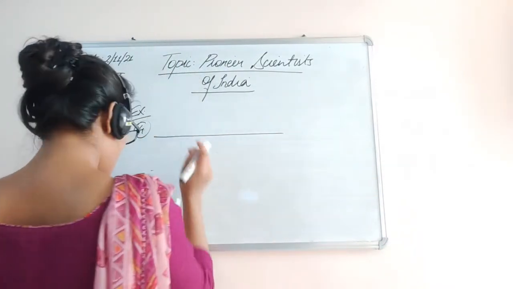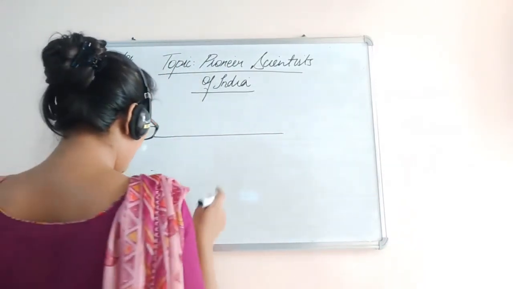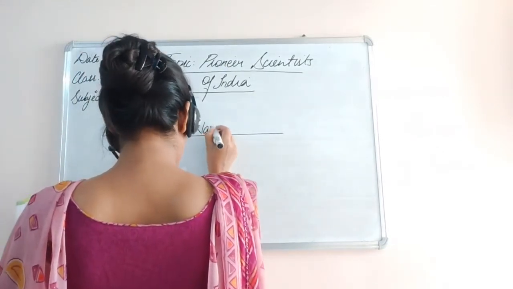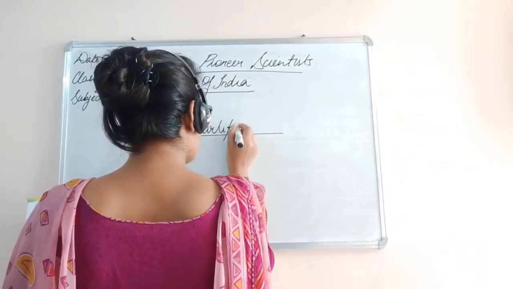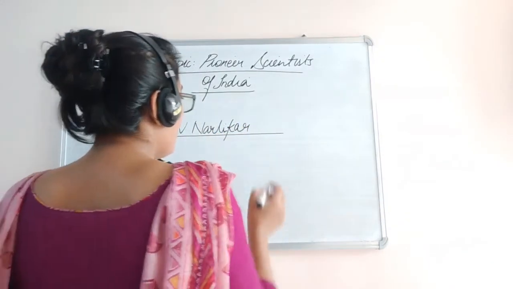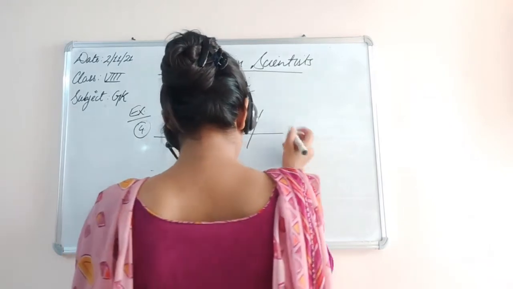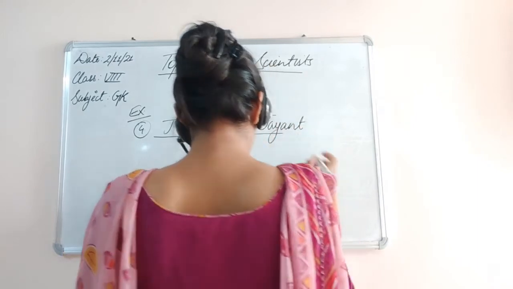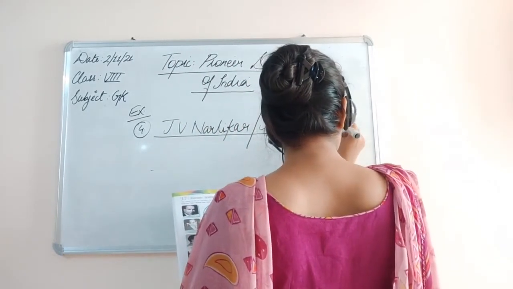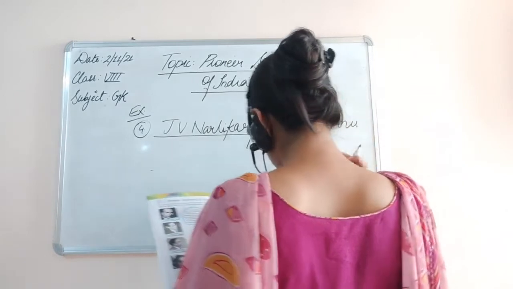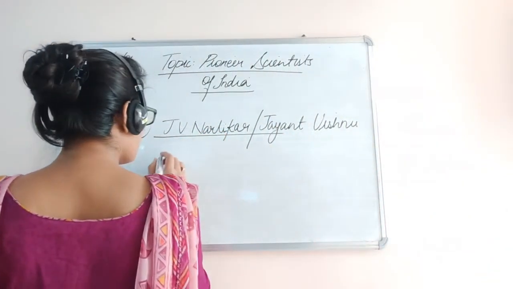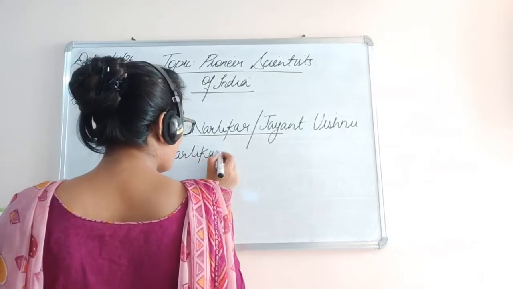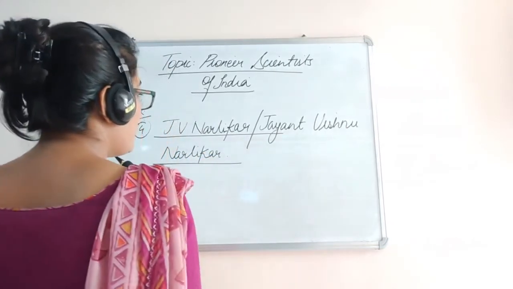His name was J.V. Narlikar. His full name is Jayant Vishnu Narlikar.